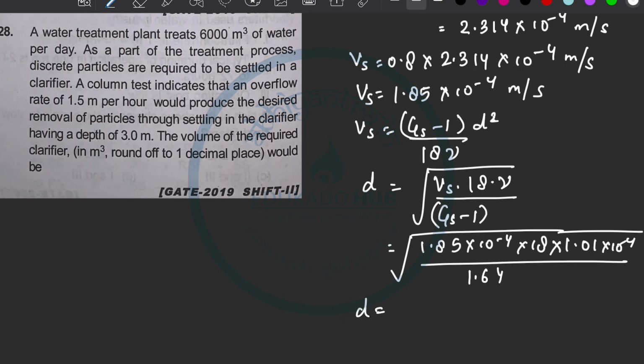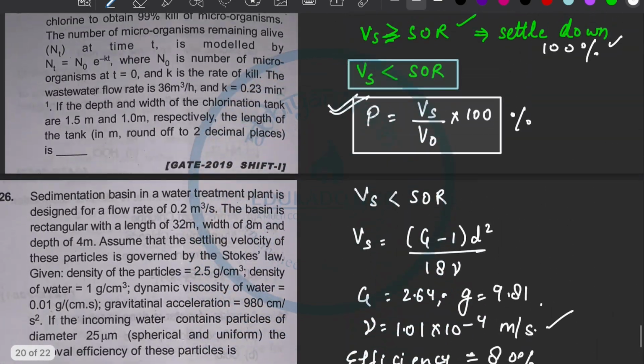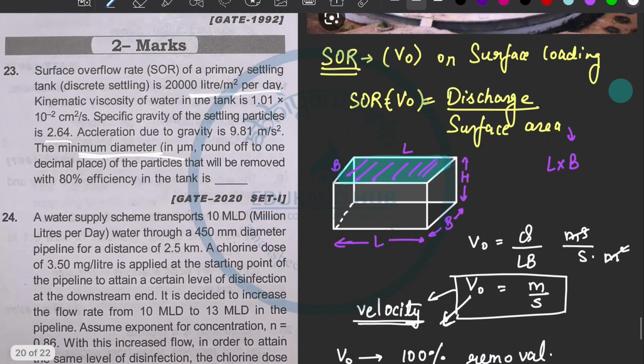So the diameter comes to be 1.446 into 10 to the power minus 5 meter, that is 14.46 into 10 to the power minus 6 meter, that is 14.46 micrometer. The answer we need to give is in micrometer, so the answer is 14.46.